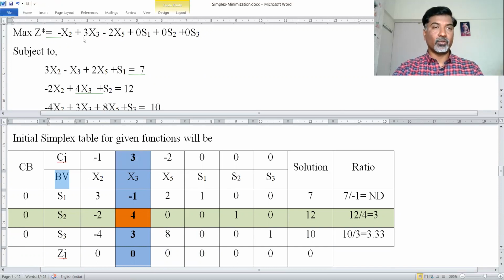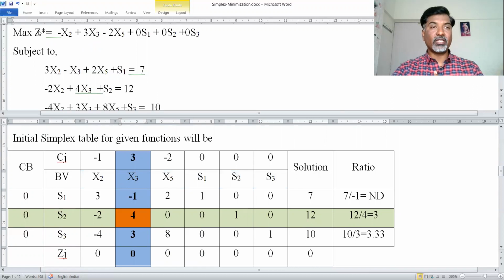What are the basic variables now? x2, x3, x5, s1, s2 and s3. The variables which are in the objective function are called basic variables. So we have to take those variables, x2, x3, x5, s1, s2 and s3, here. Then the second one is Cj. Cj is nothing but the coefficients of these basic variables.